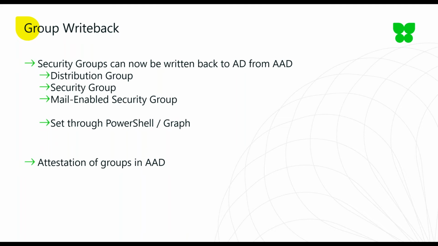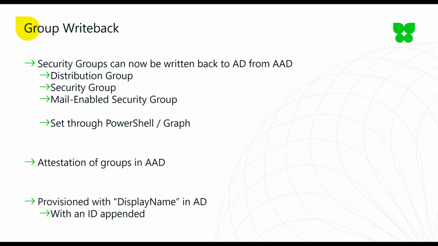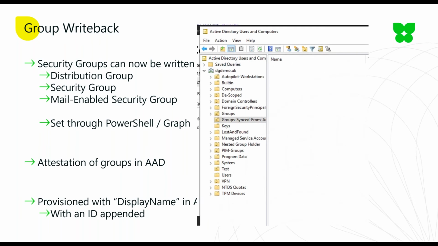The groups also will now be provisioned with the display name. So gone are the times when we used to have a group name that was a GUID that was very difficult to actually understand. So I thought I'd just show you what this looks like. And here's a picture of Active Directory Users and Computers showing the OU I've created for groups synced from Azure.